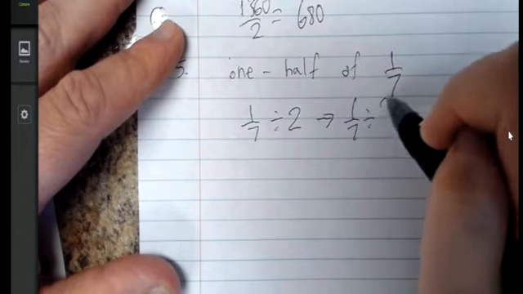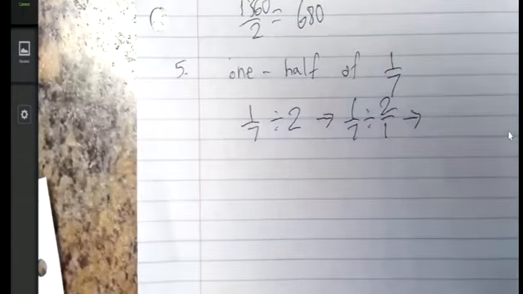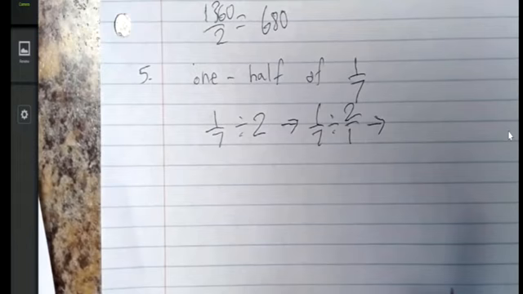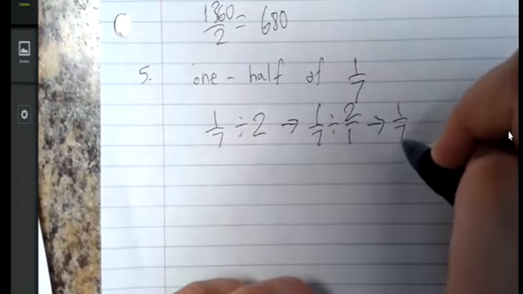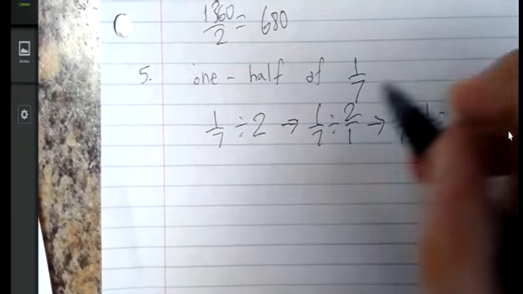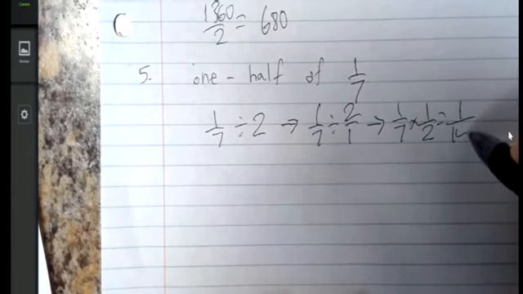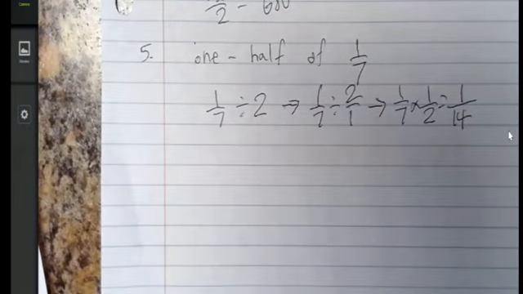So 1/7 divided by 2 over 1. When I'm dividing a fraction, I multiply and flip the second fraction. 1/7 times 1/2, because it's 2 over 1 flipped. 1/14. There we go. 1/2 of 1/7 is 1/14.